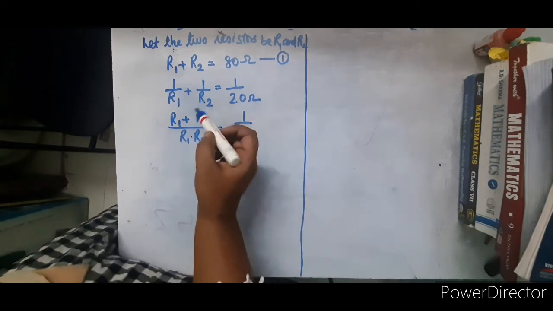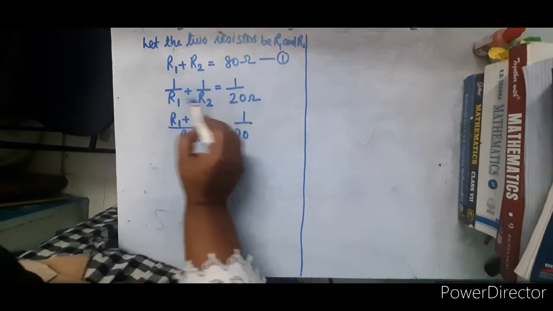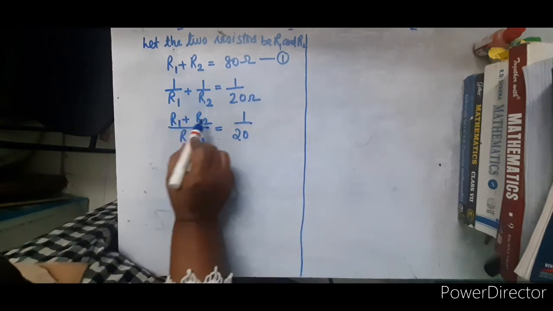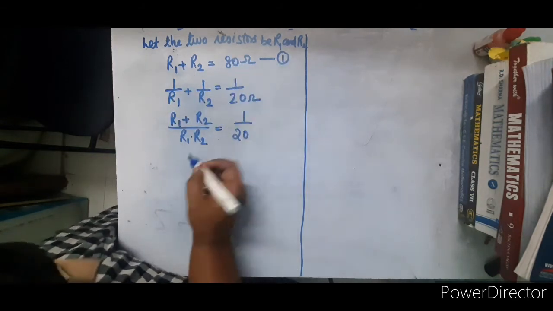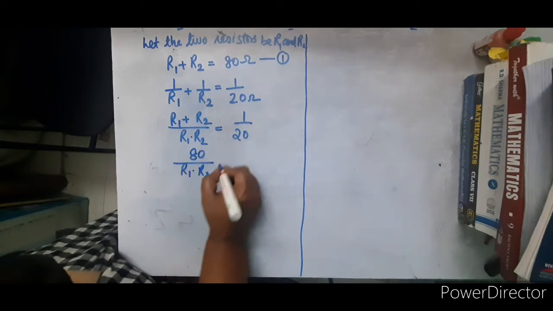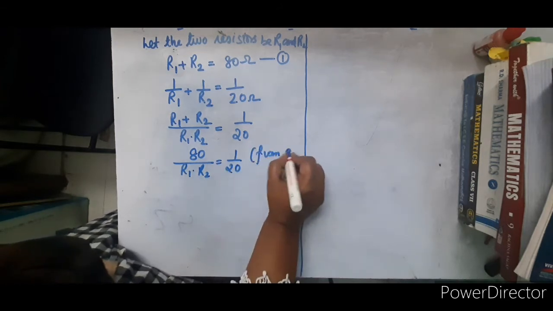What I've done here is cross multiplying: 1 into R1, 1 into R2, and then this multiplication R1 into R2. Now what is R1 plus R2 from equation 1? It is 80. So I'll mention here 80 upon R1 into R2 equal to 1 upon 20. You can write as the reason that you got it from 1.